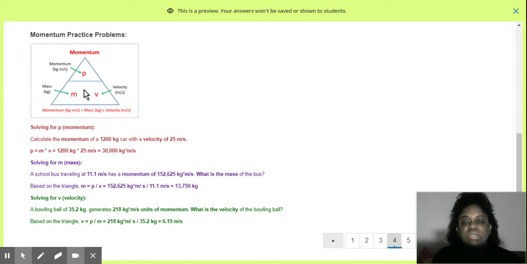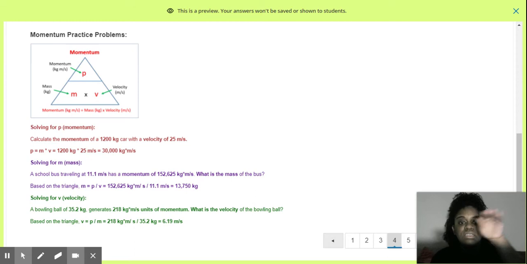So if you look at the formula triangle, and the triangle method you guys may have seen before. If this is your first time, I will also explain it. So looking at the purple section for mass, if I want to solve for mass and they give me momentum and velocity, what you can do on your computer screen is just cover up the letter M. And what do you have left over?